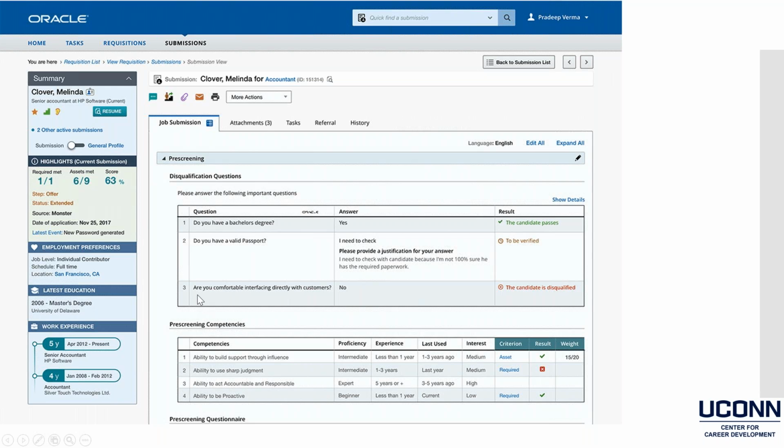Over here, under question number 3, it says, are you comfortable interfacing directly with customers? And apparently the applicant said no. And then we can see out here to the right in the result column that the candidate is in fact disqualified.